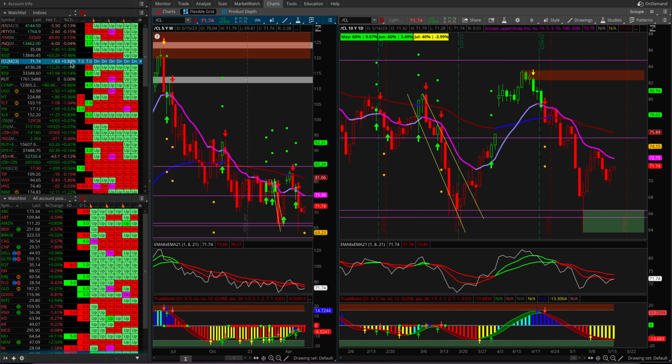Oil here is down, and we're trying to build, I think, a base that's probably not the new higher low. I'm expecting some kind of a tail here. I mean, you could just read it for yourselves, guys. It's red here. It's starting to be yellow on the TrueMomo indicator.